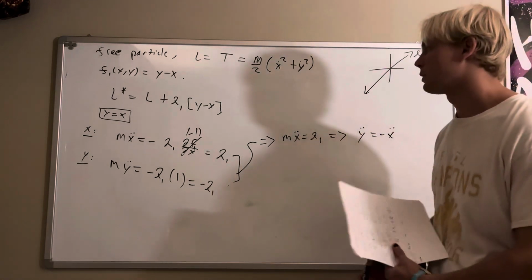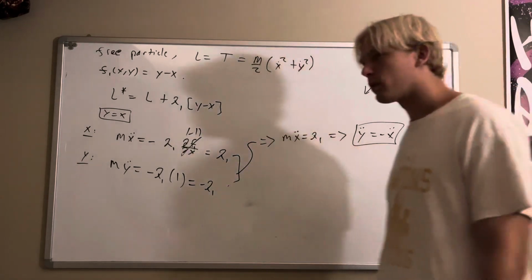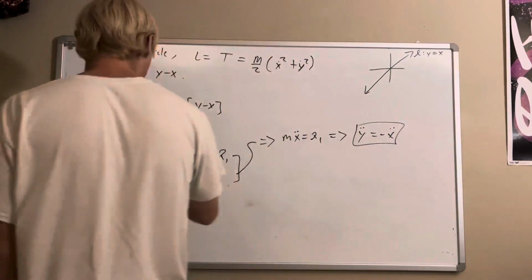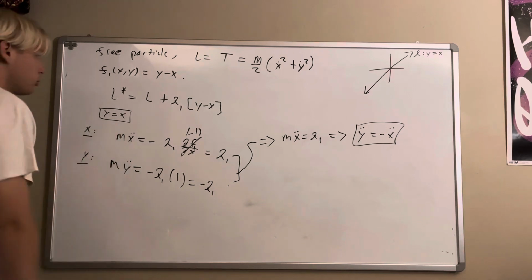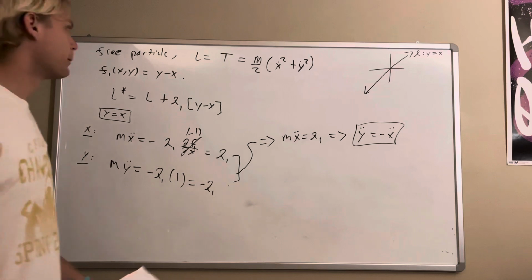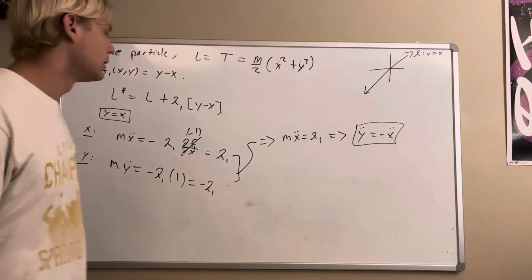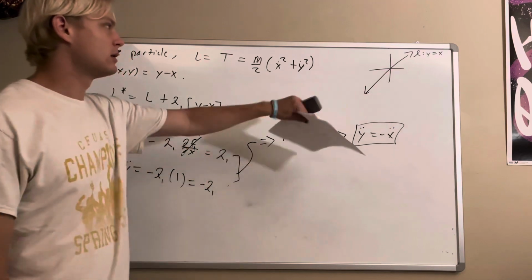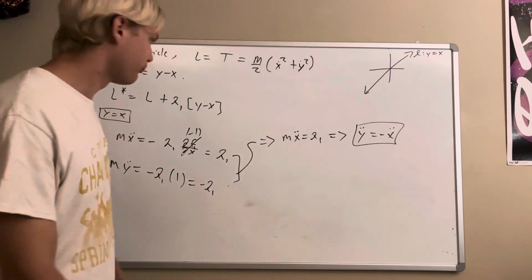And here comes, this is as far as we can go without saying what lambda is. We eliminated lambda 1. We know that must be true, and we don't want to work with the trivial solution where there is no dynamics. You could say where x and y just stay at the origin. It would work, but it would be trivial.